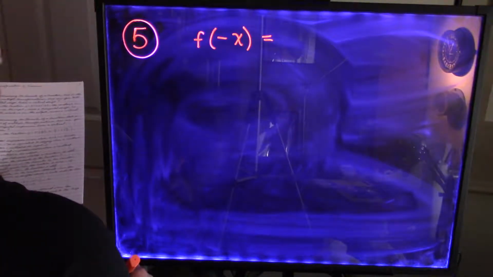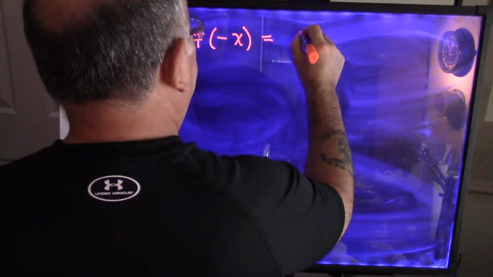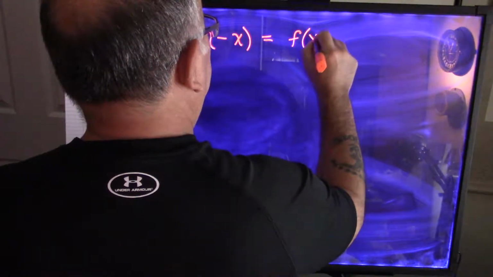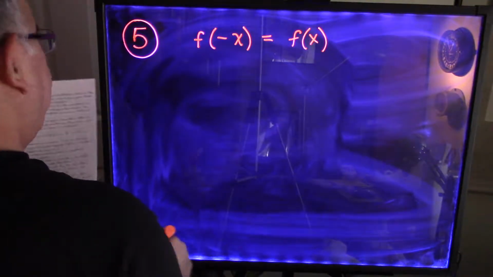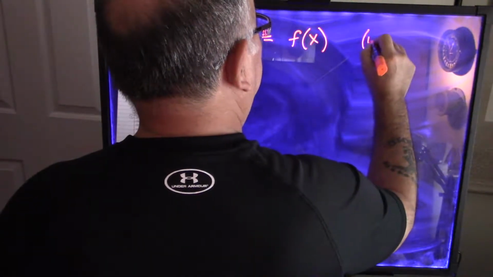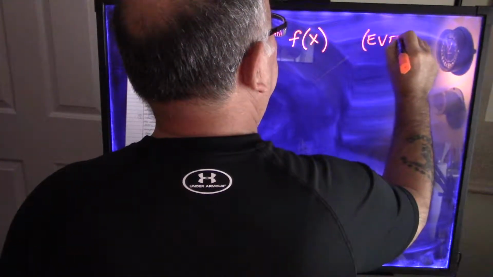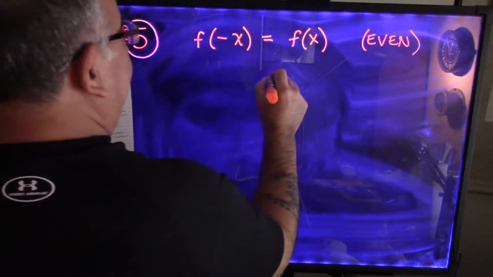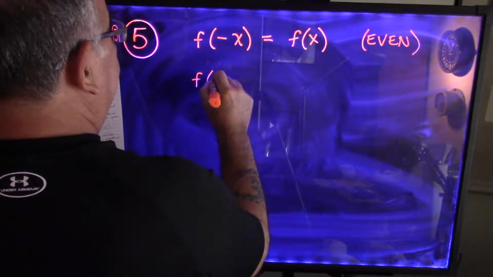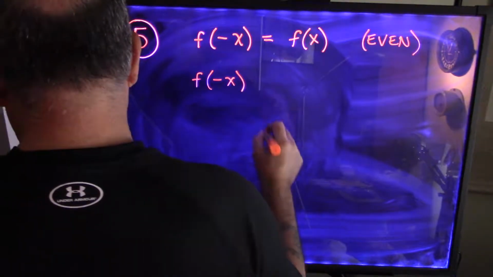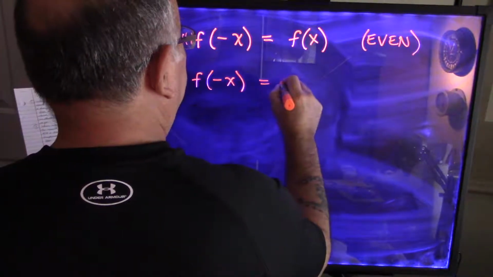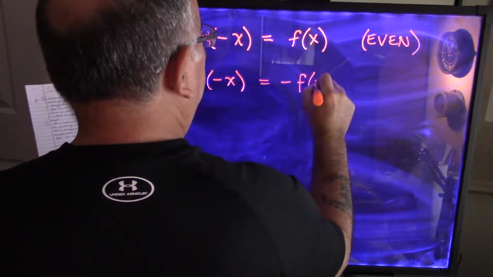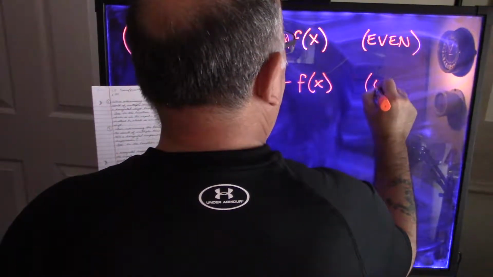If the result equals f of x, that means the function is even. And if f of negative x gives you negative f of x, then the function is odd.